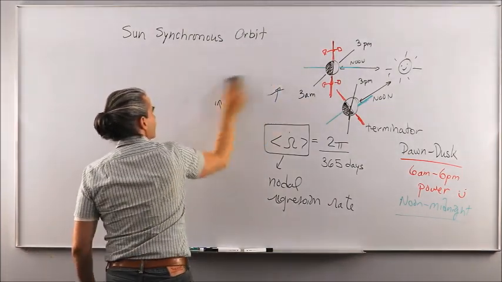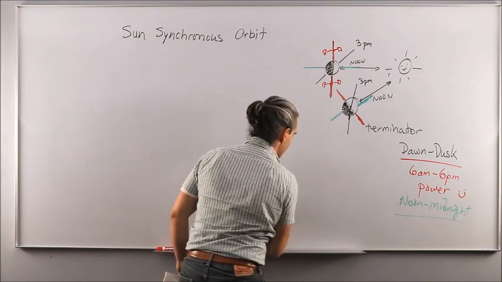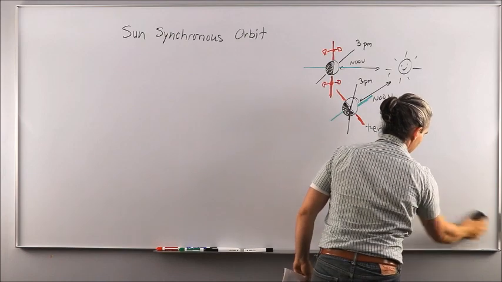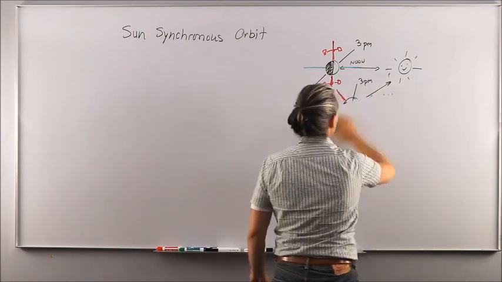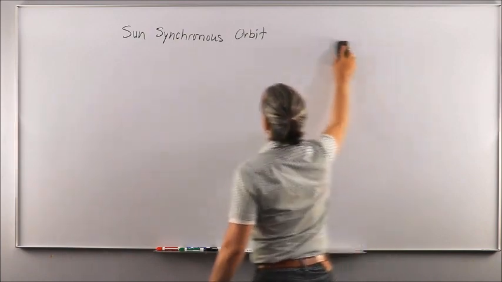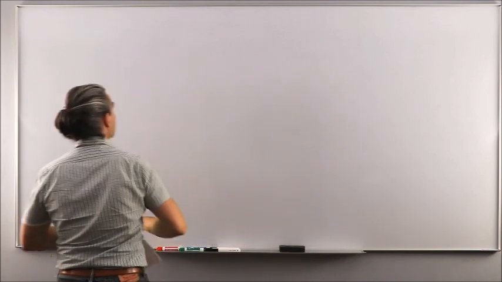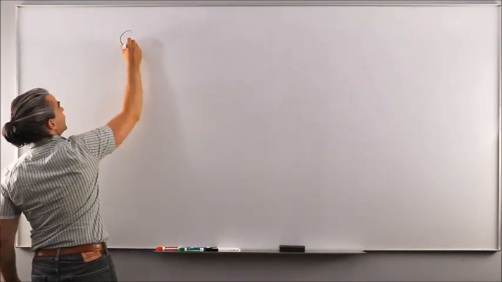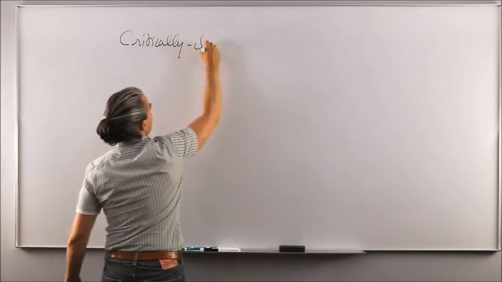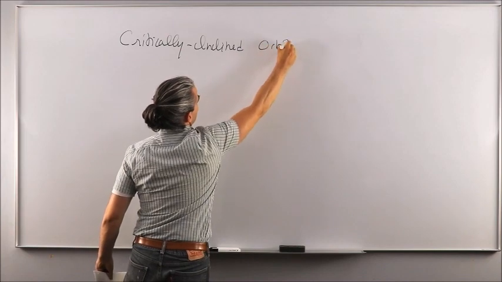But also, if you look at the average rate of change in argument of perigee, that was the other effect of the J2 perturbation, which was non-zero. You could also make use of it to design what's known as a critically inclined orbit.